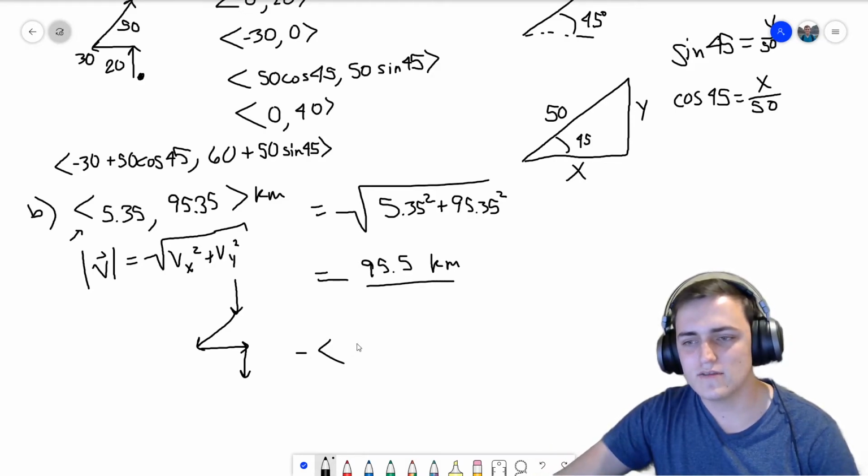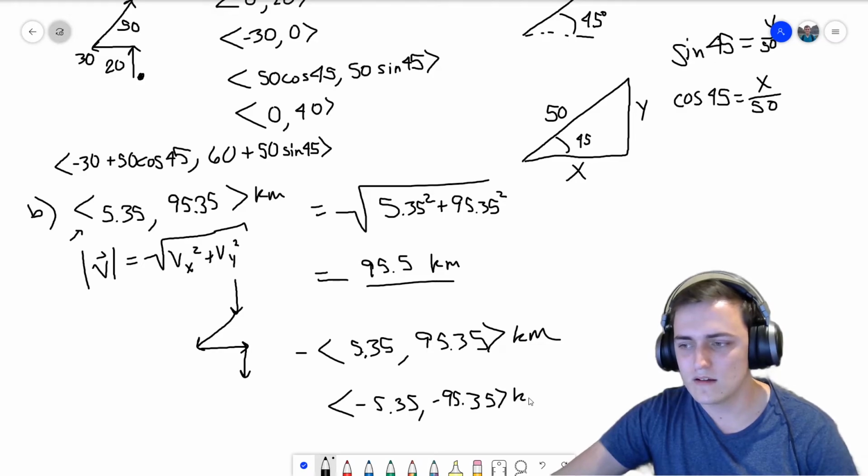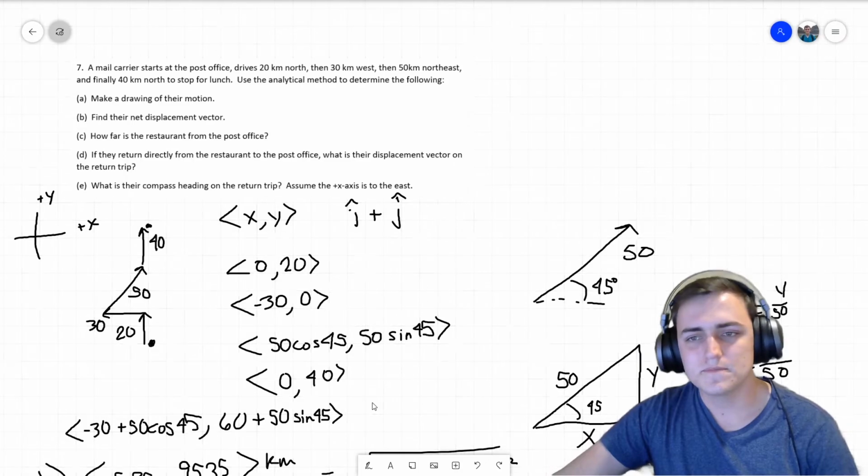It's just the negative of the result we found before, since they're just going in the opposite direction. And so that negative can be distributed inside the vector as negative 5.35 and negative 95.35 kilometers in the x and y directions. And that answers part D.